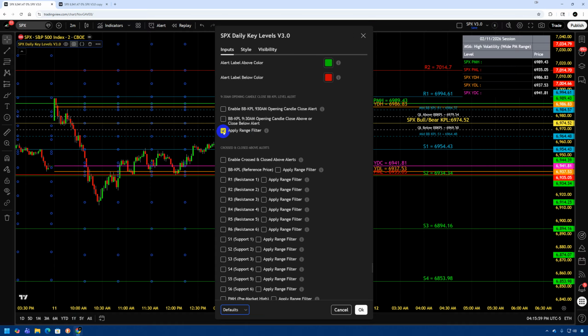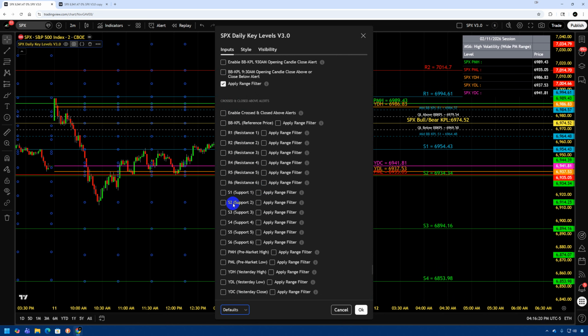So that's why this is already checked by default. You have to remember that you do have to enable the alerts. This is a master switch for the alert, and then you would also need to turn on this one here. This is a master switch for crossed and closed above alerts. So if you want to do any crossed and closed above alert, even if it's just one level, you have to turn on the master switch.